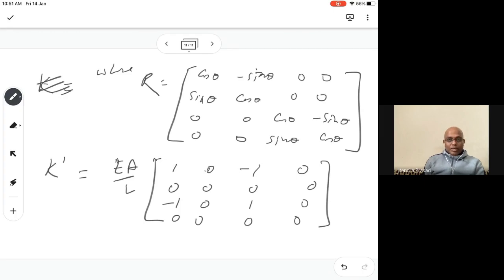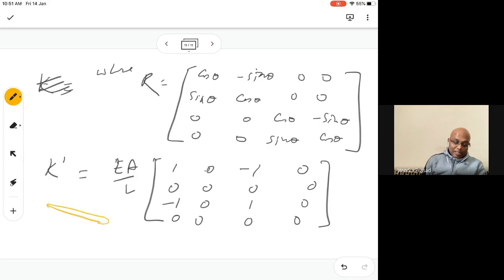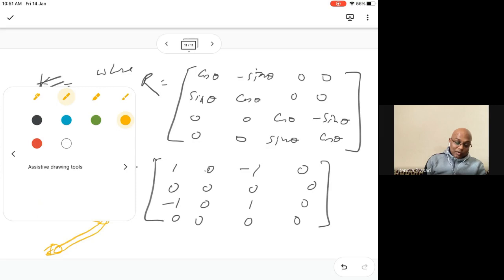And next, what you can do is assemble them, right? So when you have a problem, the problem could be something like this. One bar is like this, the other bar is like this. Yeah, so then you have to assemble. And how do you do that? First you have to find out what the angles are.